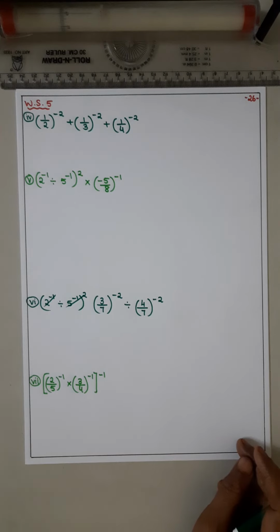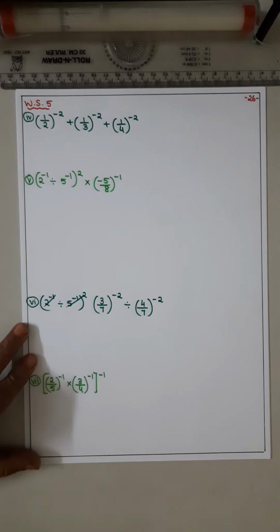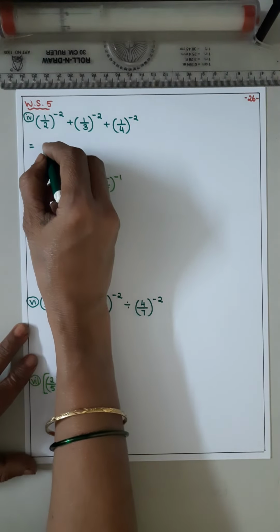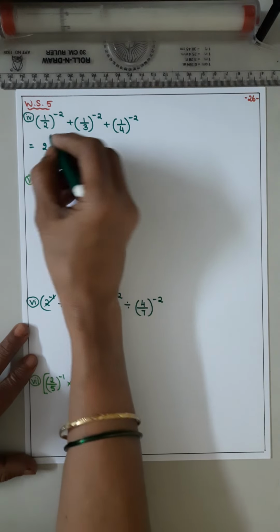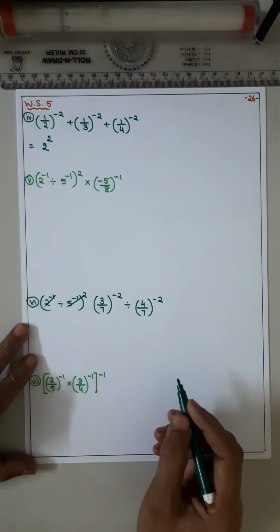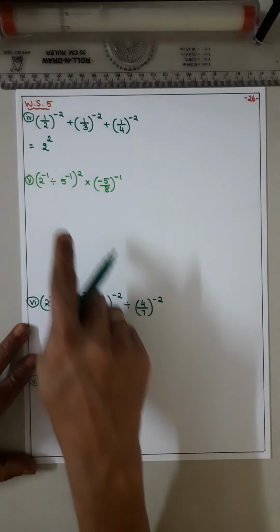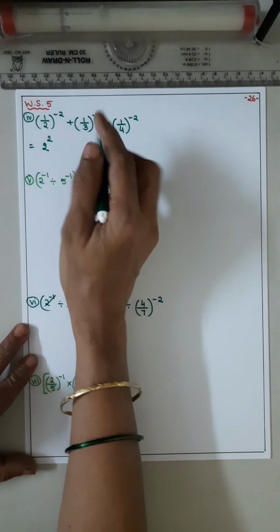Now coming to the subdivision 4. 1 by 2, the whole raised to minus 2 becomes what? 2 to the power 2. 1 by 2 का reciprocal क्या है? 2. And this becomes positive.